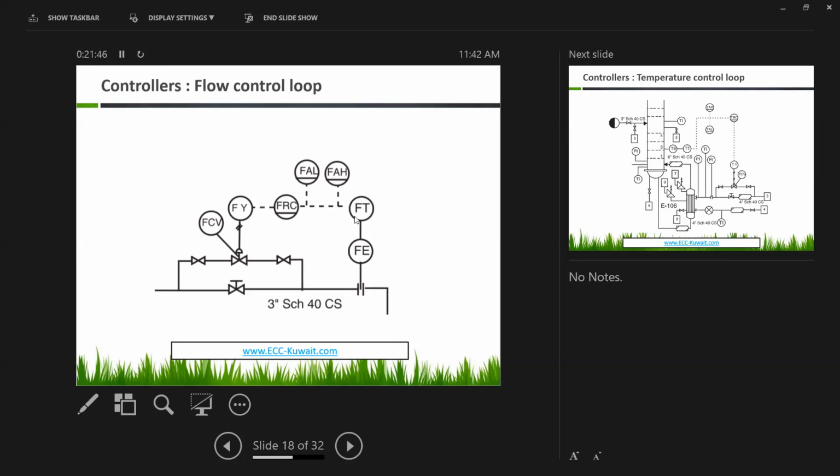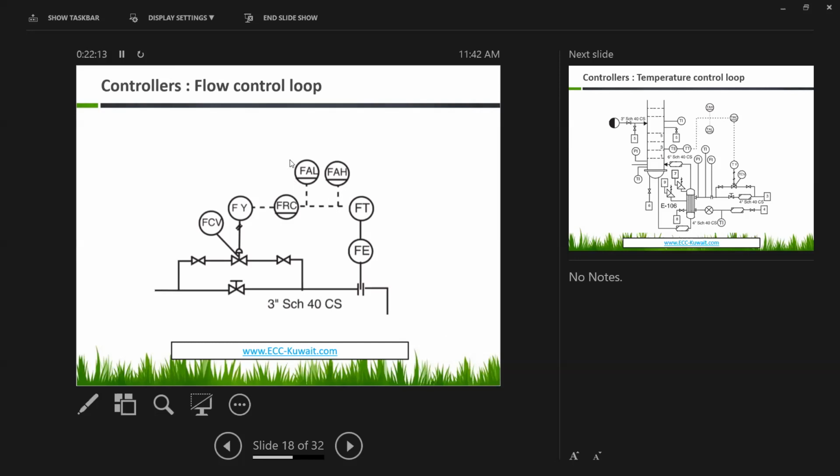This signal goes to FT. FT is flow rate transmitter. This transmitter converts the signal from capillary signal to electrical signal. Why? Because the controller cannot read the capillary signal, but it can read electrical signal.